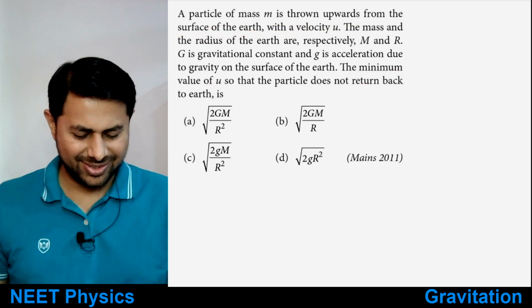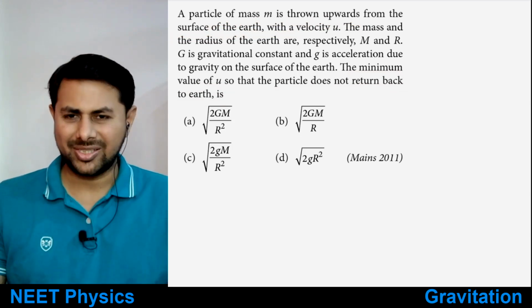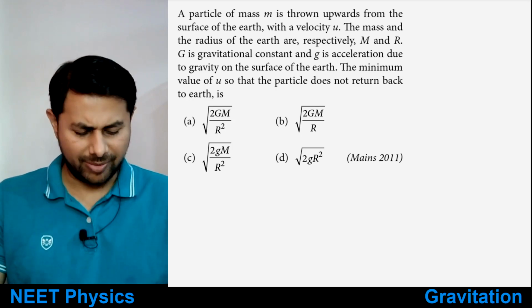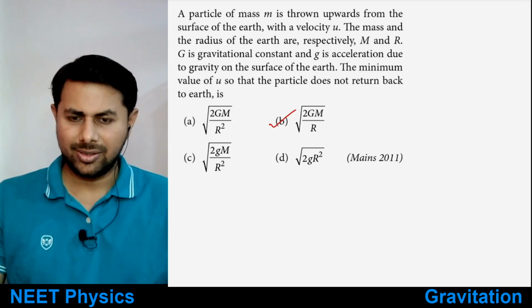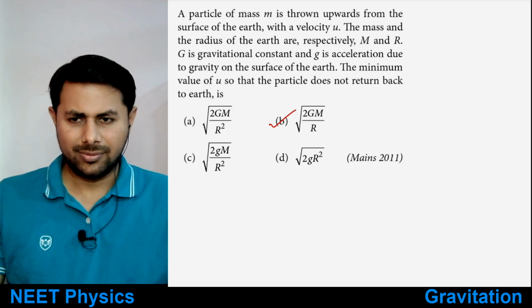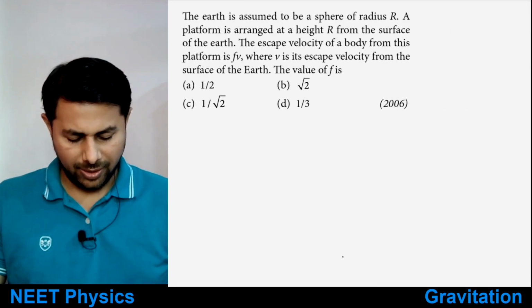Tell me, escape velocity from Earth's surface. The minimum velocity so that it does not come back. Yes, it's option B, square root of 2GM over r. Right? It's very simple. Okay, let's see next one.